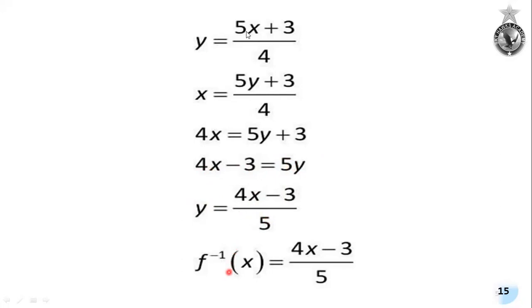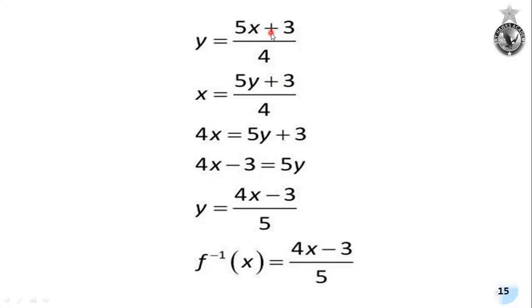So y was f inverse of x. We are replacing y with f inverse of x. So this will become (4x - 3)/5. Look at this, this was f(x) actually, and the inverse is (4x - 3)/5. This was 5x, this is 4x.